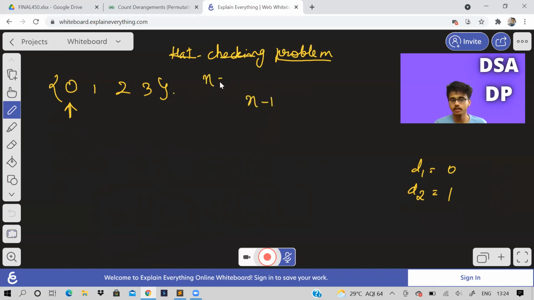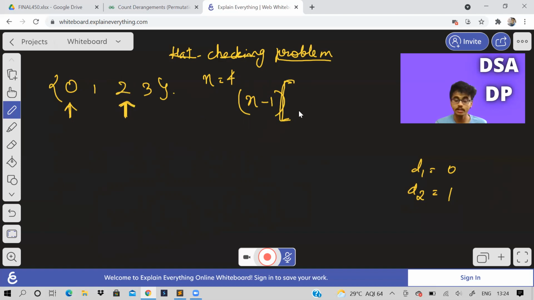Over here, n will be 4, right? n minus 1 ways. See, 3 ways are there to give him either 1, 2 or 3. Fine. Plus. Now see, suppose I take i as this person, i as person 2.